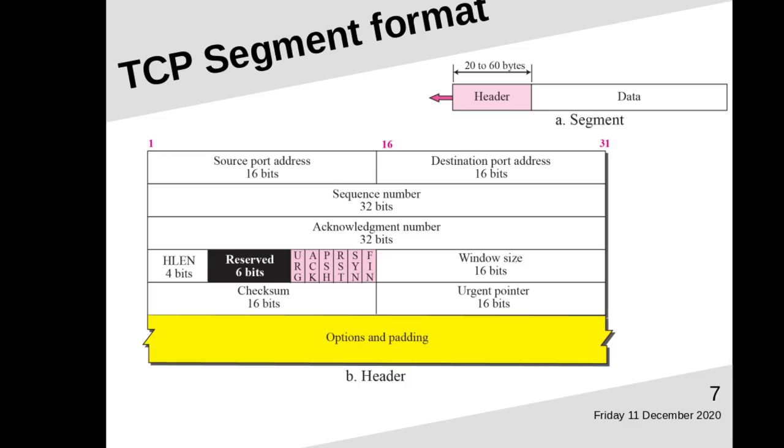There is something called urgent pointer. This urgent pointer is a 16-bit field which is valid only if the urgent flag is set. If the urgent flag is set, it is used when the segment contains urgent data, showing that the segment contains urgent data.